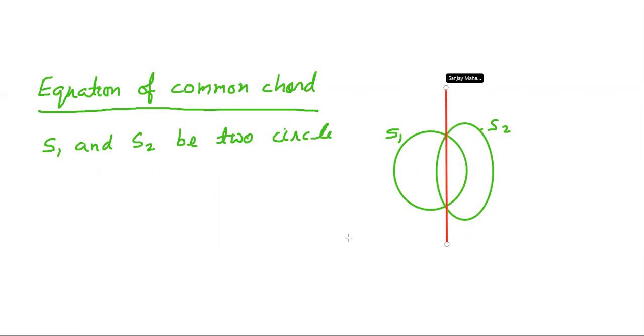This is known as the common chord because it is passing through the intersection points A and B. You see these two circles intersect at the points A and B, and we are drawing a chord that is known as the common chord to the circles. So what is the equation of this common chord? The equation of this common chord will be the same, S1 minus S2 equal to 0.